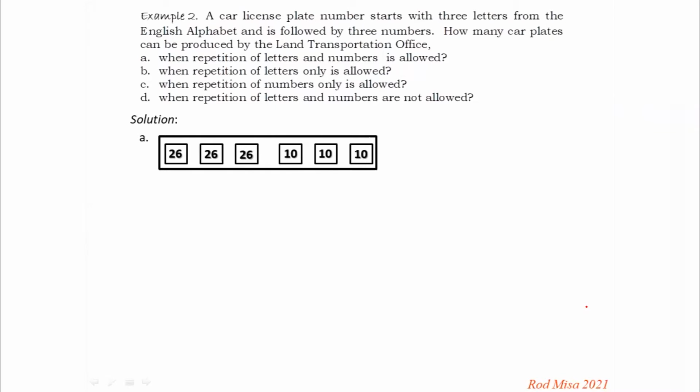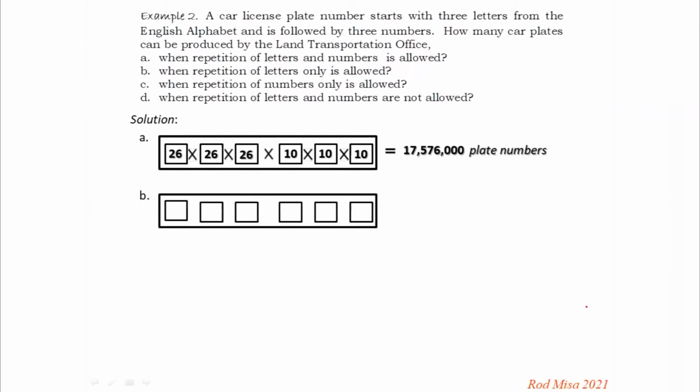Now, multiplying these numbers, I get a product of 17,576,000 plate numbers when repetition of letters and numbers is allowed.